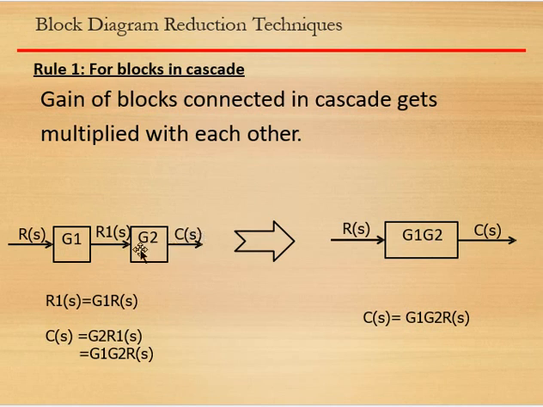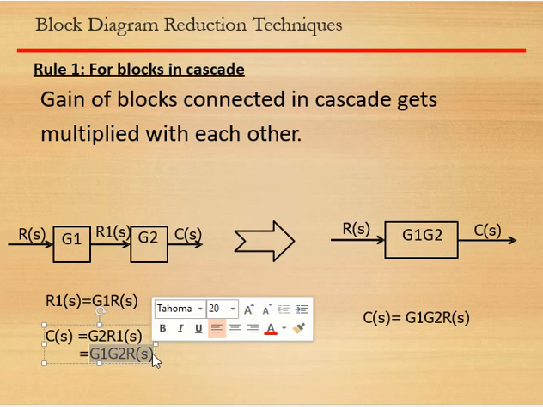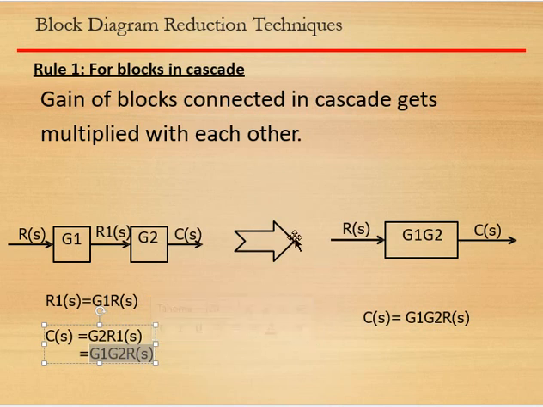Now calculate C(s). C(s) will be the input to this block into the gain of this block. What is the input of this block? That is R1(s), and the gain is G2. So C(s) will be G2 into R1(s), but R1(s) is equal to G1 R(s). So C(s) will be G1 G2 into R(s). This you have to keep in mind. But this rule states that the gain of blocks connected in cascade gets multiplied with each other.